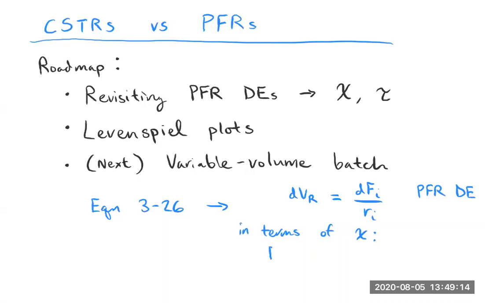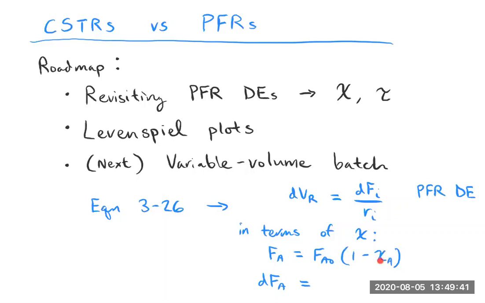We know that if we want to define conversion, molar flow rate of A, if I just pick species A, equals FA naught times 1 minus conversion of A. So now if we imagine taking the differential of each side, on the right-hand side this is a constant, so that term doesn't matter.